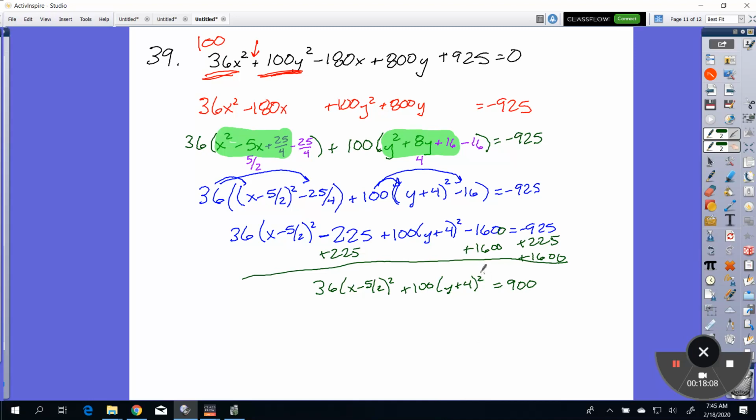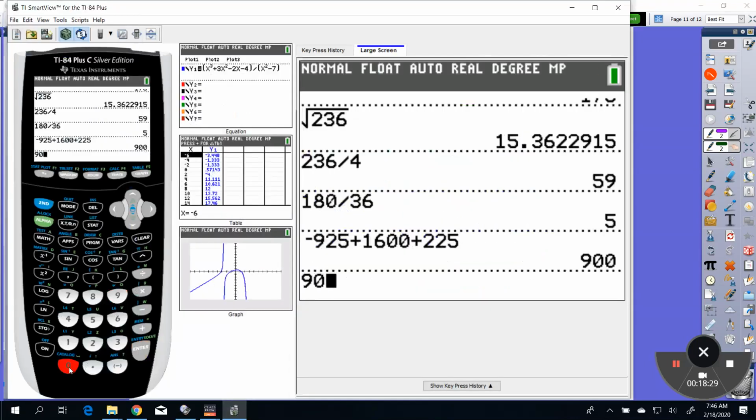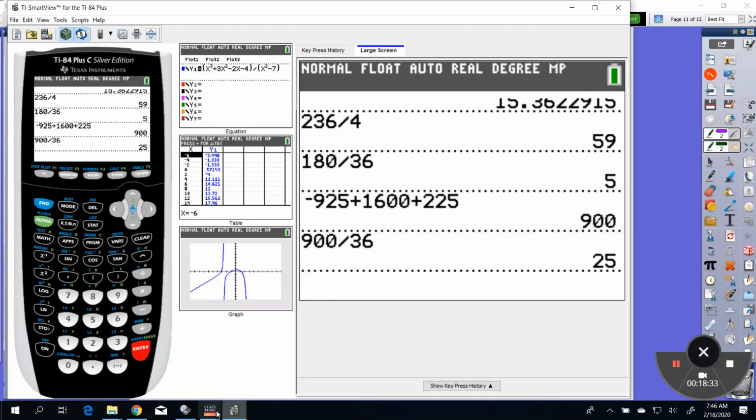So in order for this to be our conic section, we need this to equal 1. So I divide it by 900. So I know 36 and 900 are each divisible by 9. If I go 900 divided by 36, I think that'll work. So that's 25.